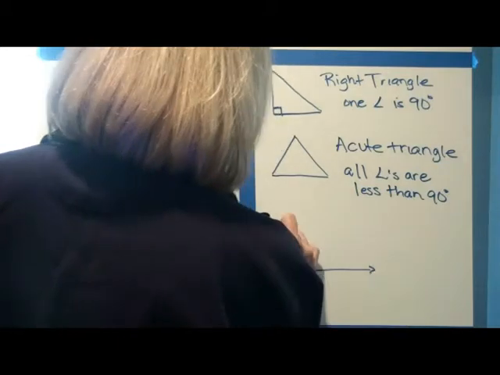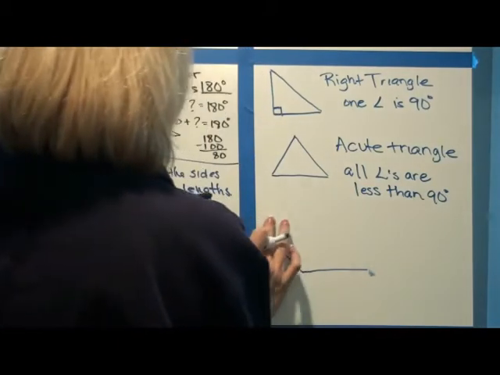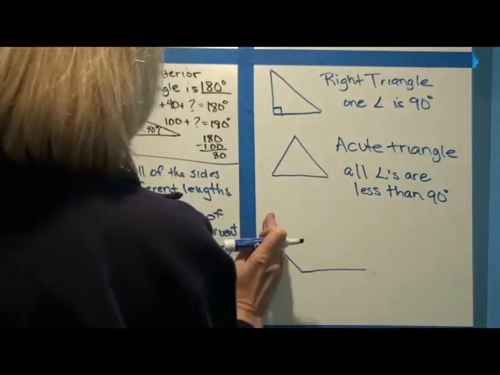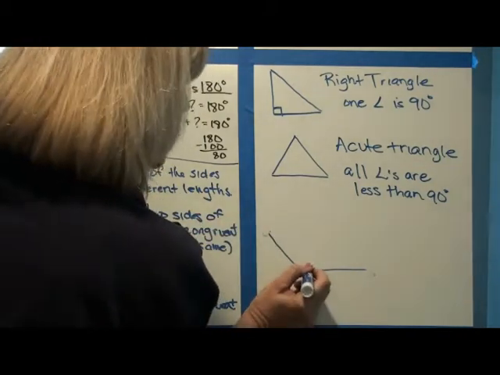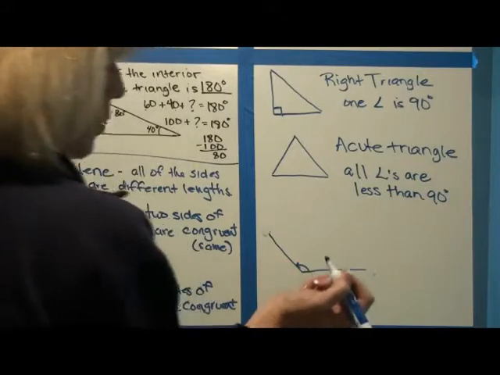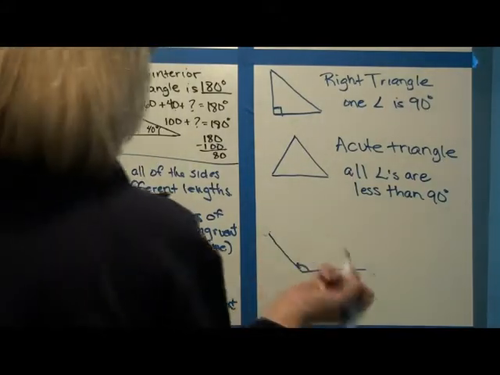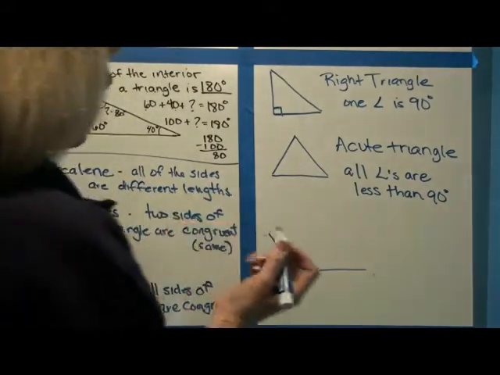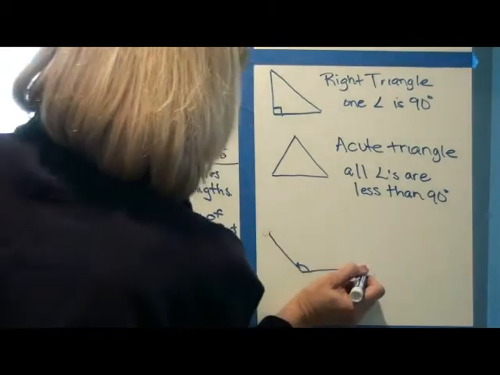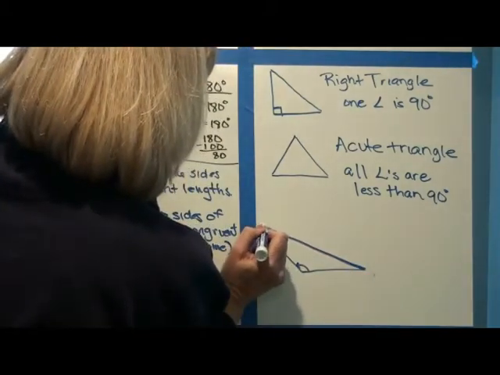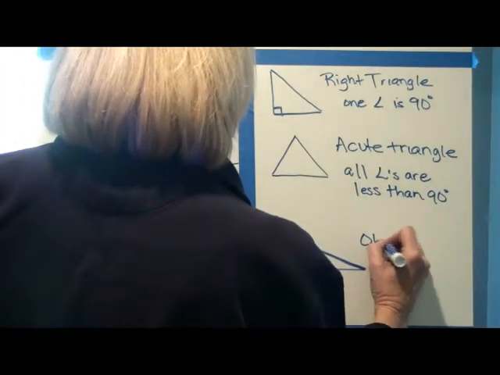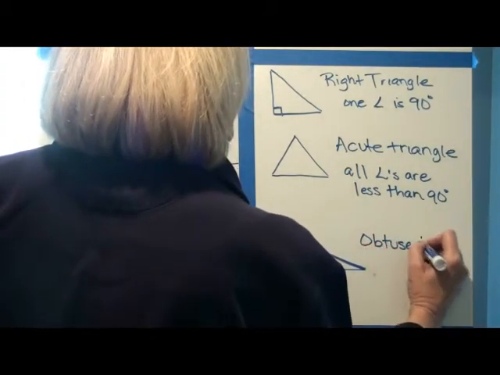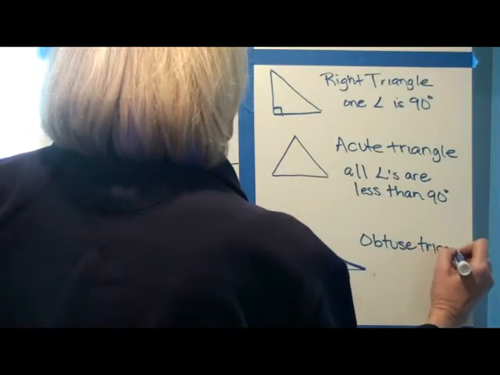Now, if you have one of the angles that's open, is what I call it, if you have an angle that is open past 90 degrees, so if this angle right here goes past the corner, say it's 110 degrees, and they make a triangle. These are those triangles that are kind of slanted backwards. This is called an obtuse triangle.